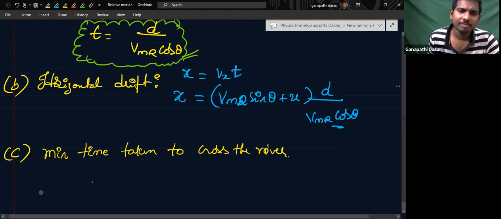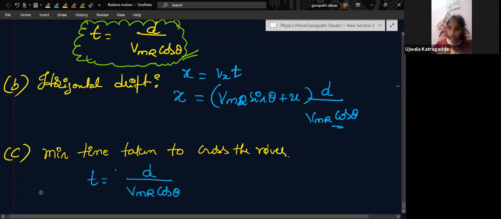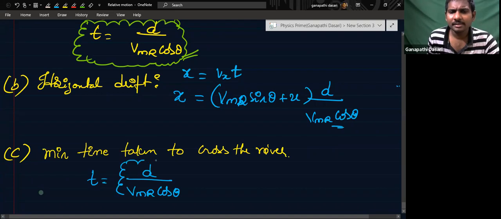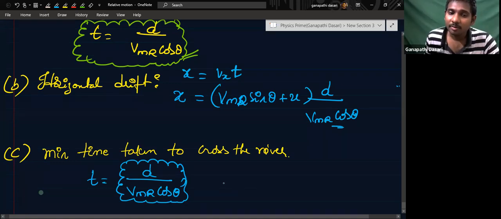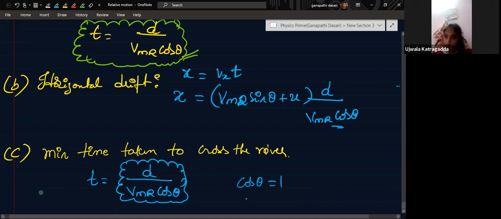What is the formula of time? D by VMR cos theta. When will it become minimum? You tell me. It will become minimum when cos theta is equal to 1, its maximum. That means theta is equal to 0.